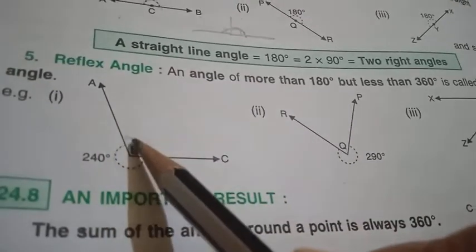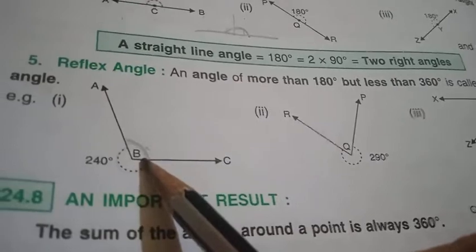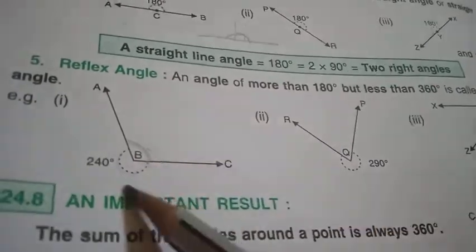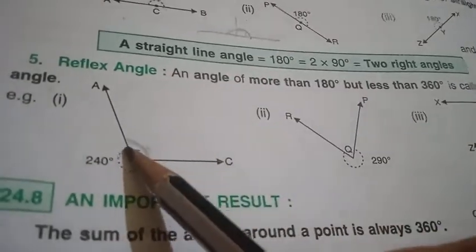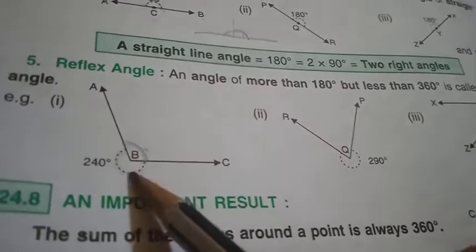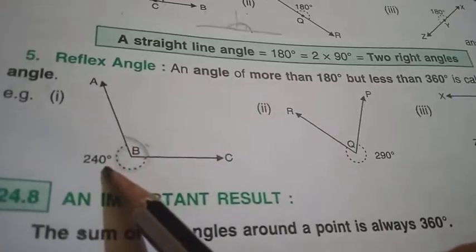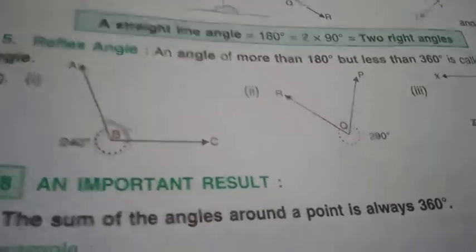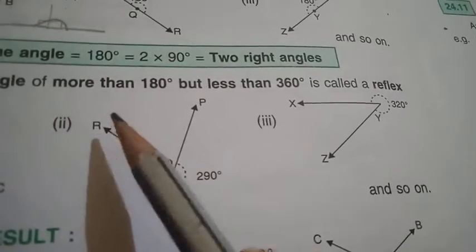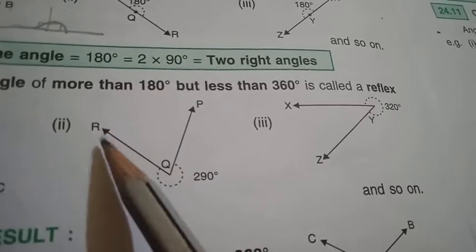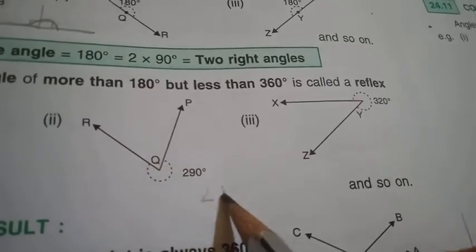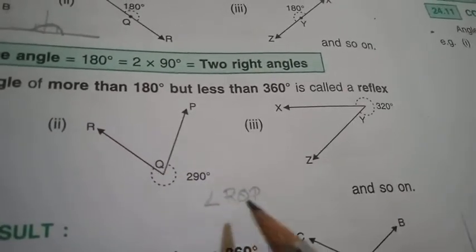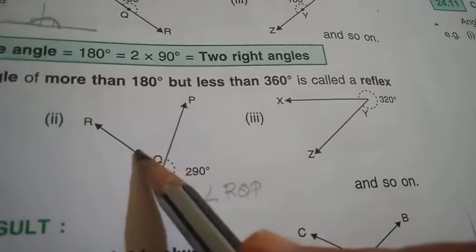So what is reflex angle? The outside angle of an acute angle or obtuse angle is known as reflex angle. So this is the outside angle we say. So this is 240 degree, right? Here also, if I write simply RQP, I mean to say that I'm talking about this angle.